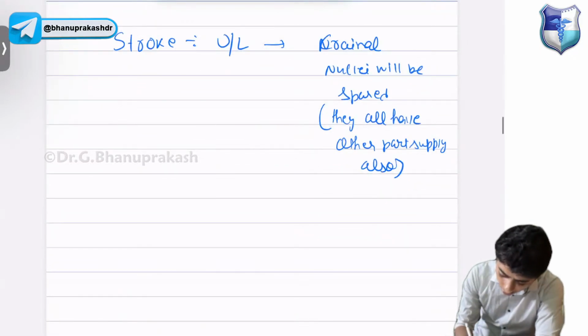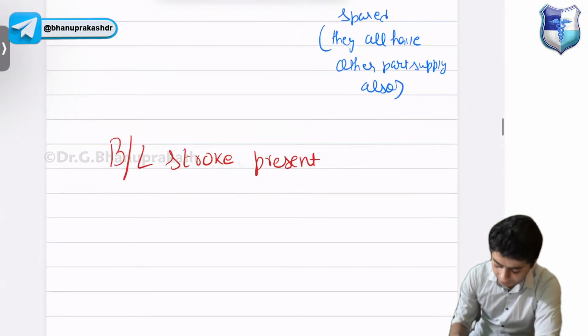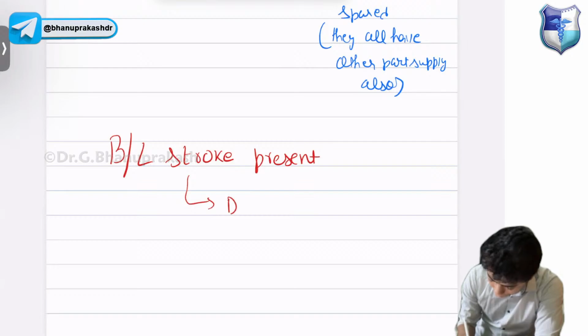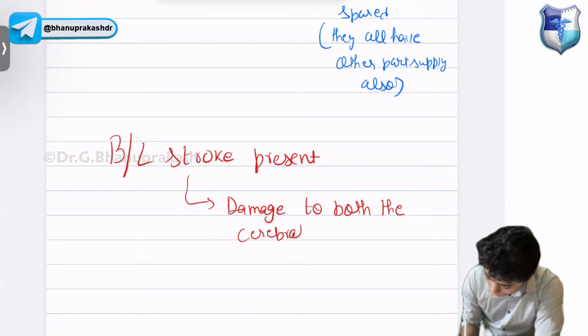So only and only if there is a bilateral stroke present, that means damage to both the cerebral hemispheres.